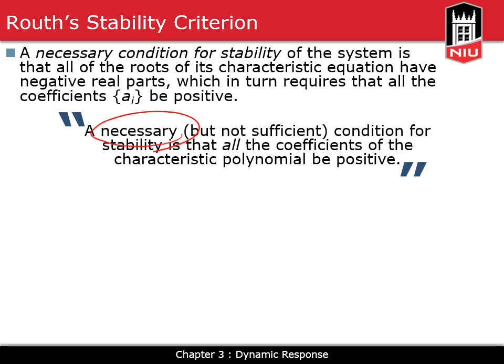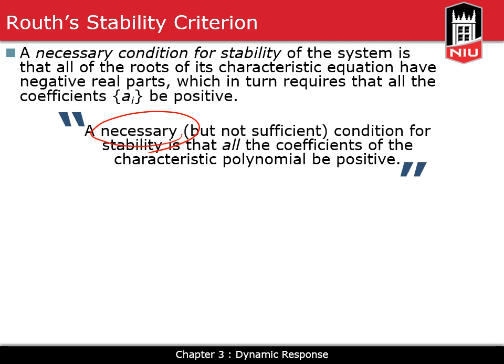Remember, this is only a necessary condition. But it is good to always check this necessary condition, because if you have a characteristic polynomial, the denominator of your transfer function, such that some of the coefficients are negative, some are positive, then you know this necessary condition is not satisfied, so you know for sure that the system is not stable.